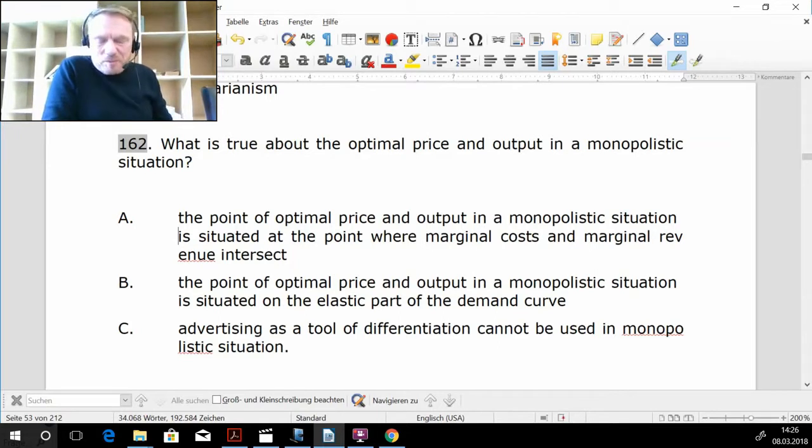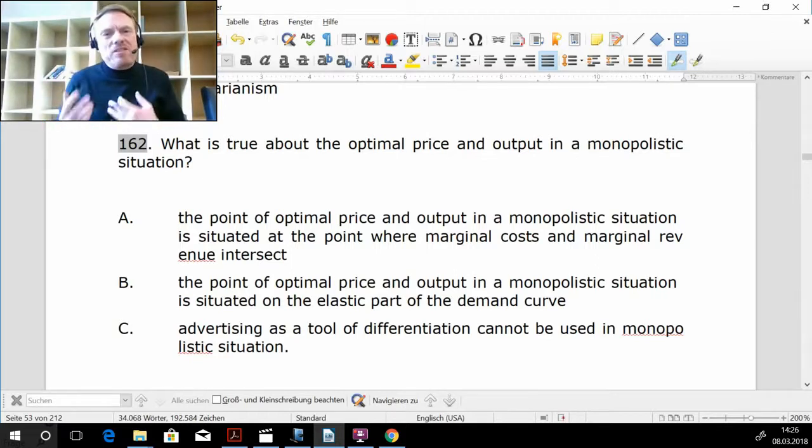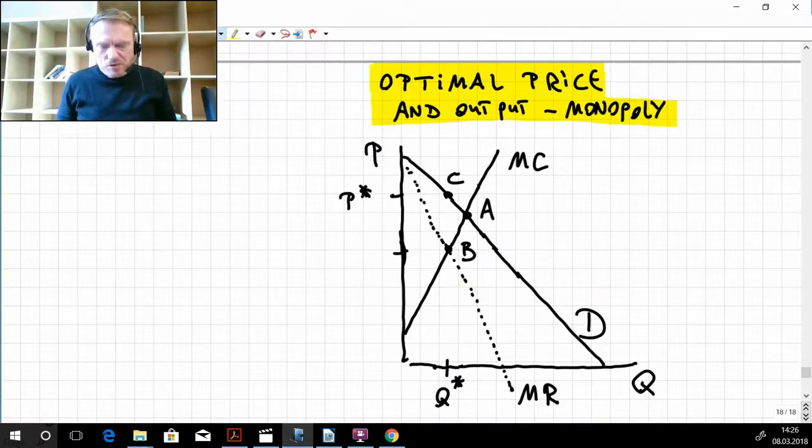The point of optimal price and output in a monopolistic situation is situated on the elastic part. So now we have to understand, of course, the concept of elasticity. If we take the demand function, the demand curve, it consists of two halves.